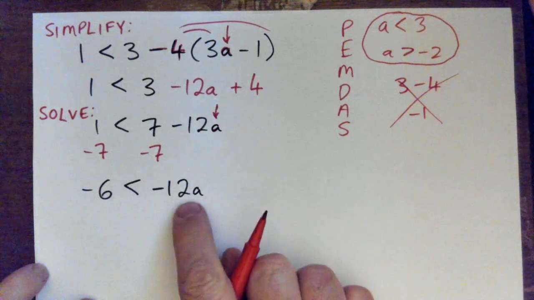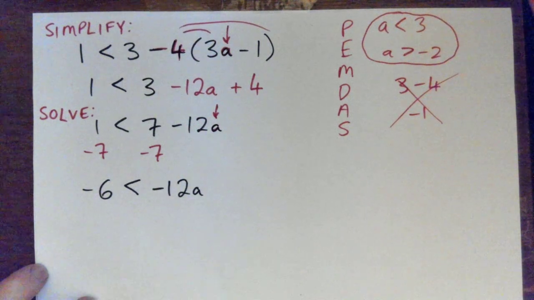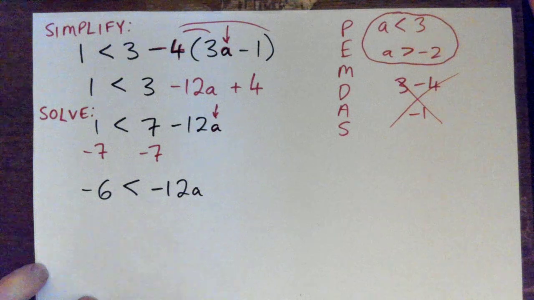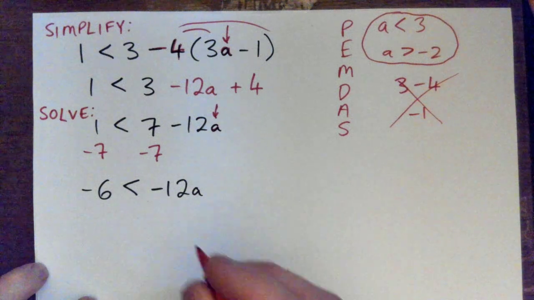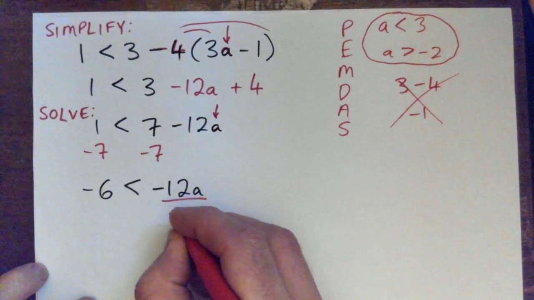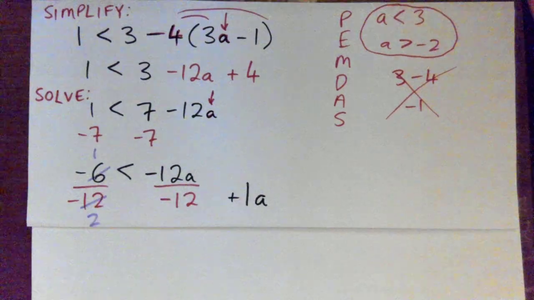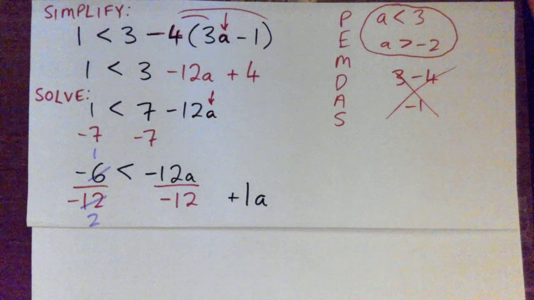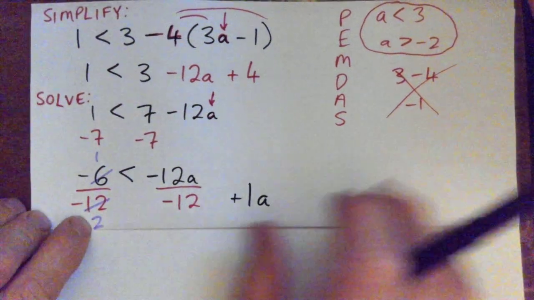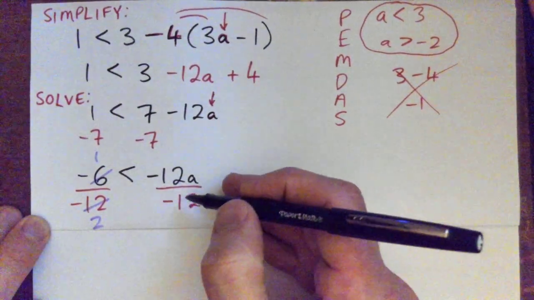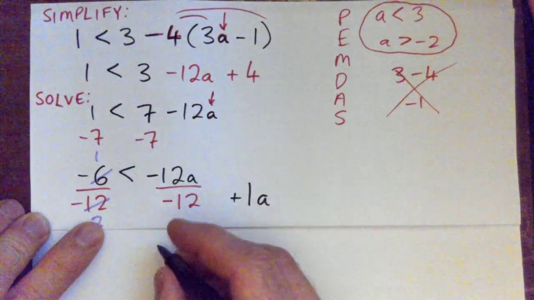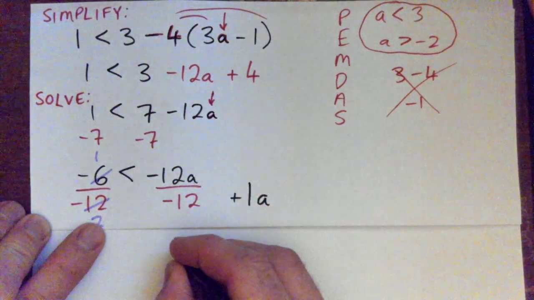And now a has been multiplied by negative 12, so to get it by itself, we need to divide by negative 12. Right. So when we divide both sides by negative 12, this becomes positive 1a or a.